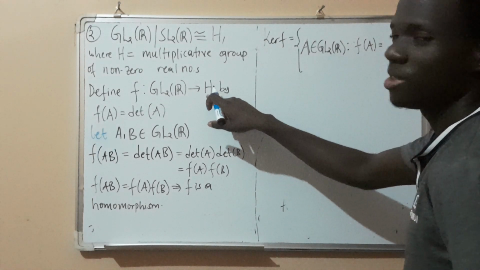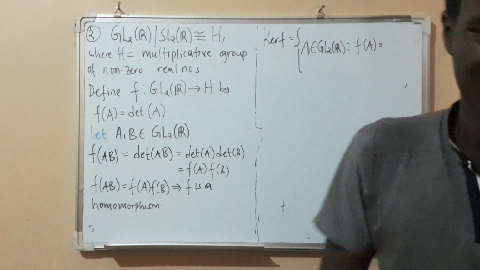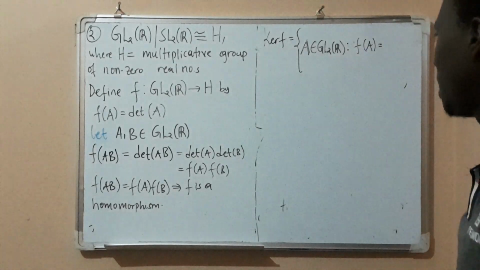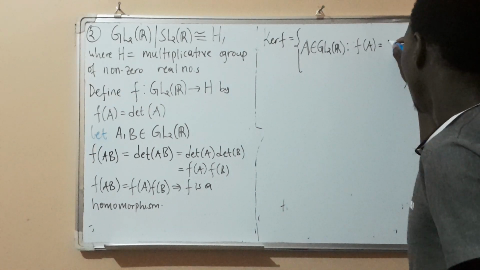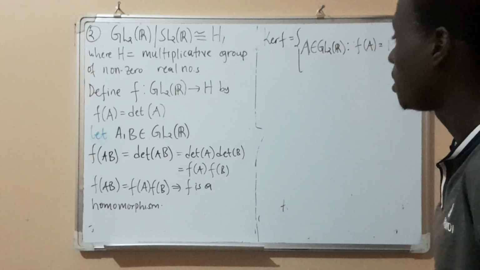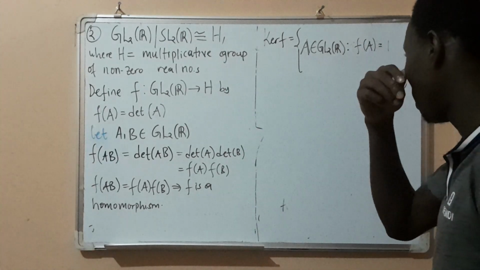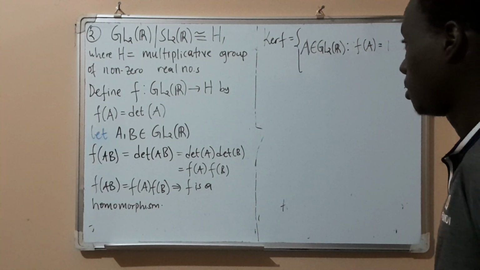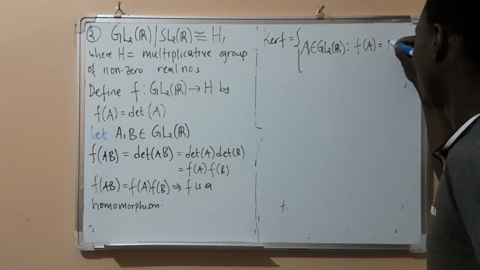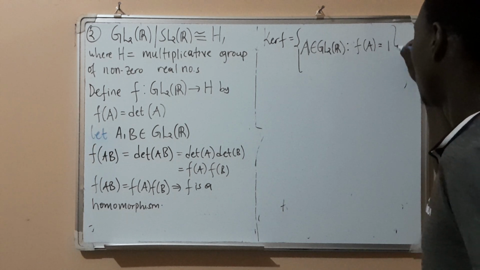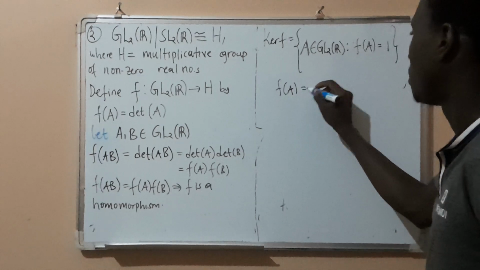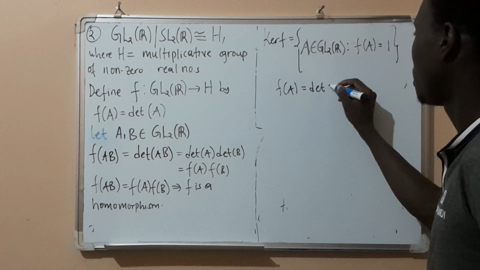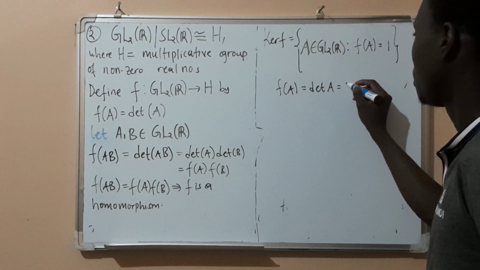Now you need to think about the identity in H. That identity is 1. The identity within the multiplicative group of non-zero real numbers is 1. So in particular, we have f of A, which is equal to determinant of A, equal to 1.